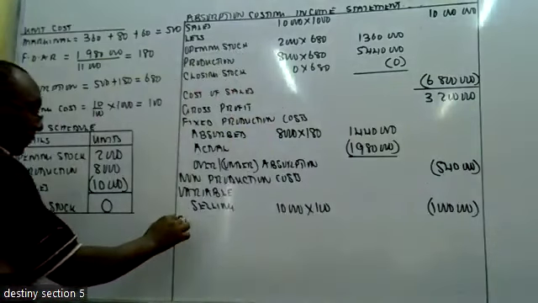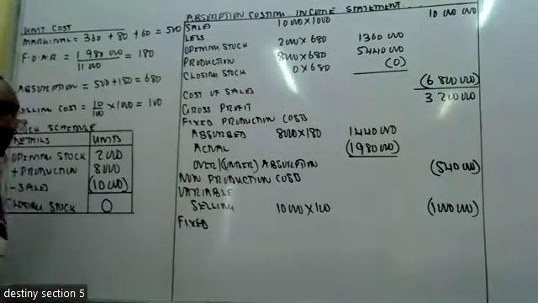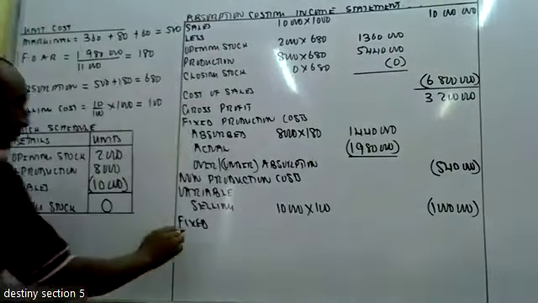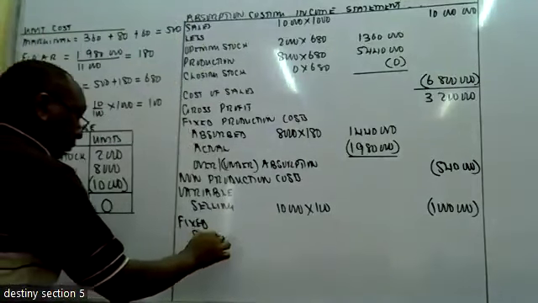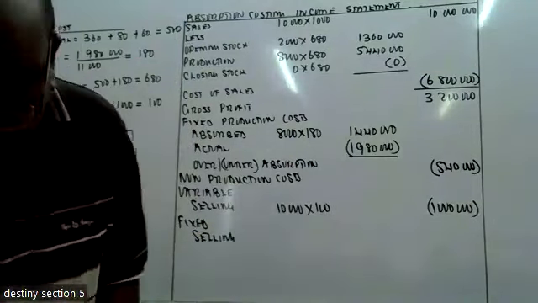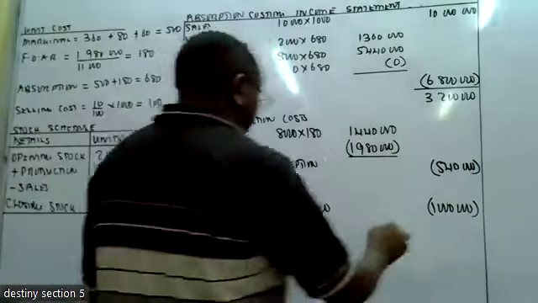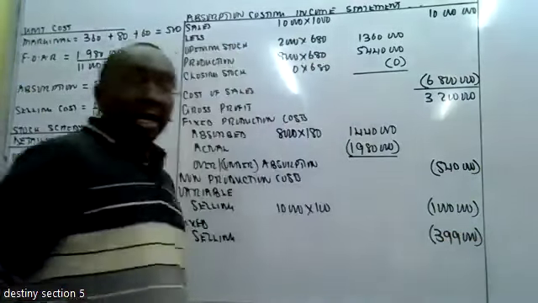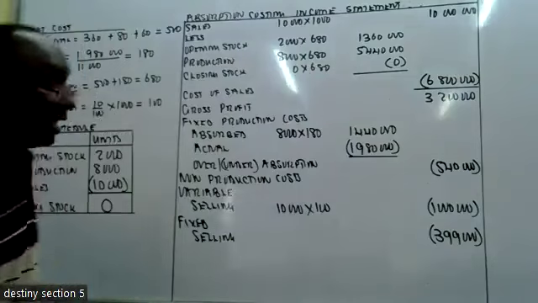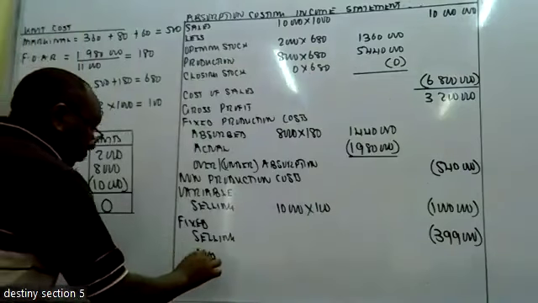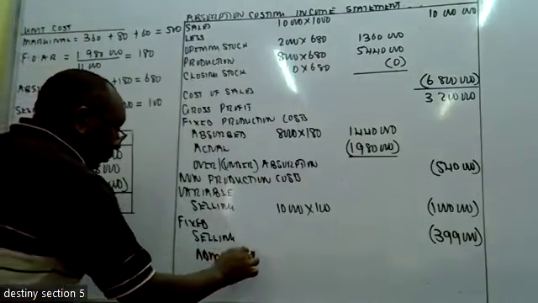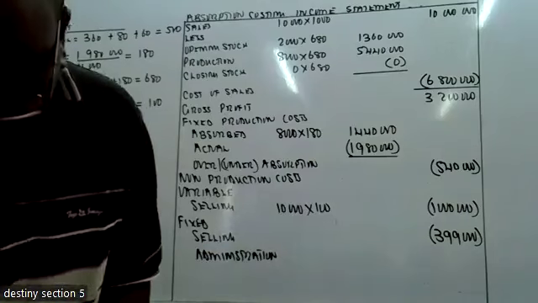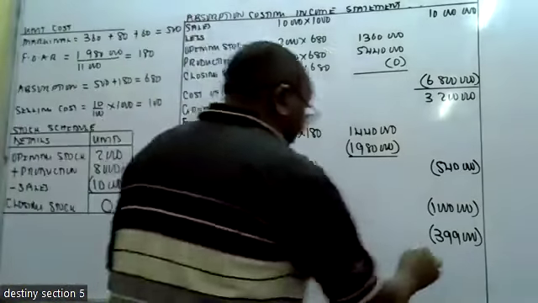Then you now bring the fixed. The fixed, we have two of them. We have selling. This selling is 399,000. And then we have the administration, which is 500,000.